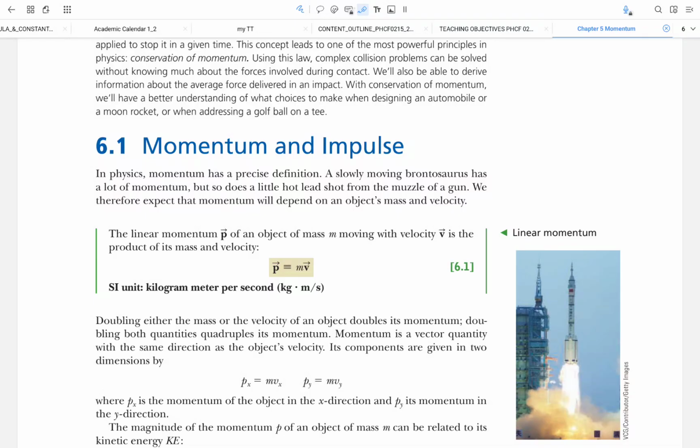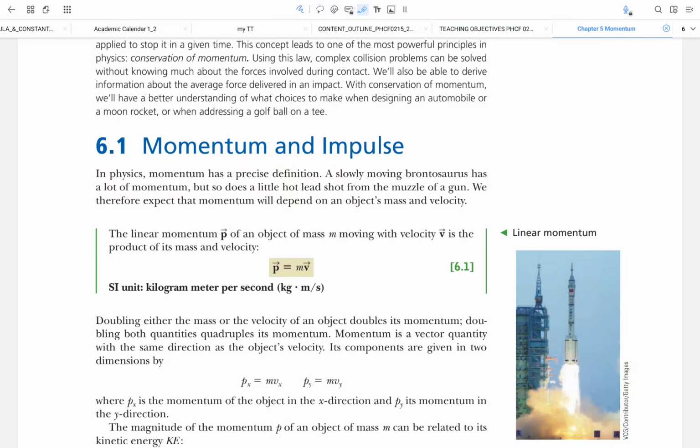As an example, you have a motorcycle and a bicycle, or perhaps a car as compared to a motorcycle, that travel with the same speed, the same velocity, moving in the same direction.